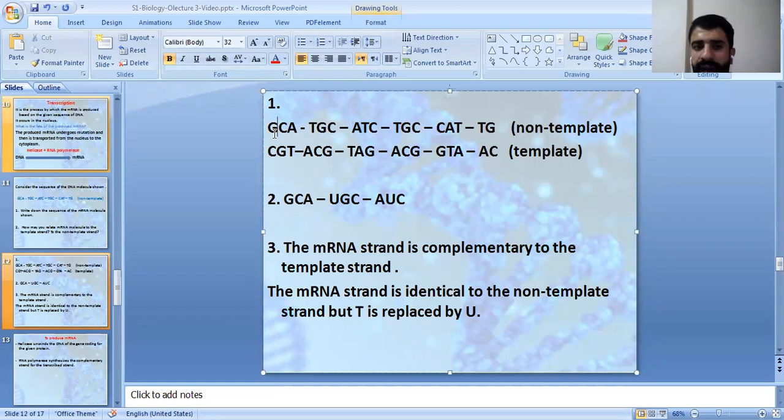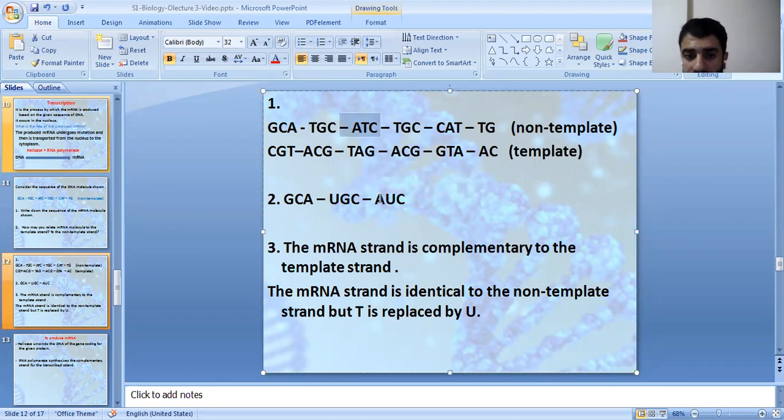These are called nucleotides: first nucleotide, second nucleotide, third nucleotide, and so on. So the mRNA is the same as the non-template, non-transcribed, coding, but instead of T is replaced by U. We have the same GCA as GCA. TGC, T here is replaced by U.